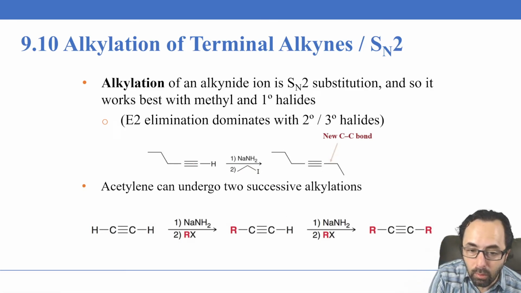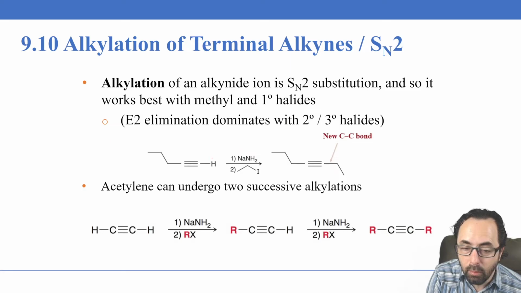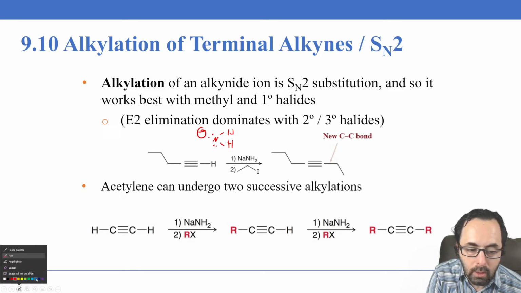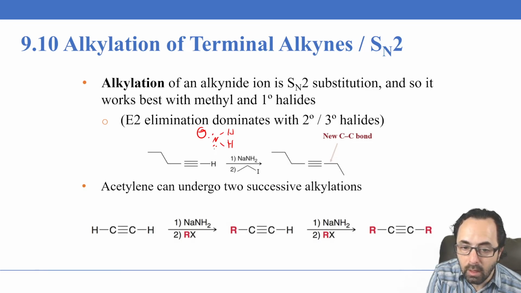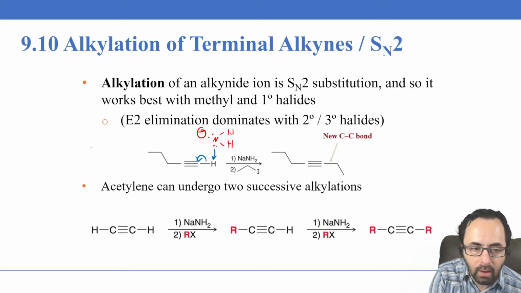So if we're drawing the mechanism for this, we have the NH2 with a minus charge here, and we have a deprotonation. It deprotonates, and that leaves this alkynide ion. I'll draw this over on the side here. That would produce our alkynide ion.